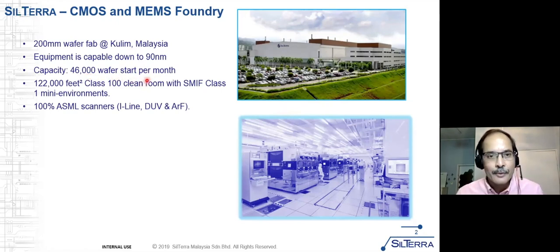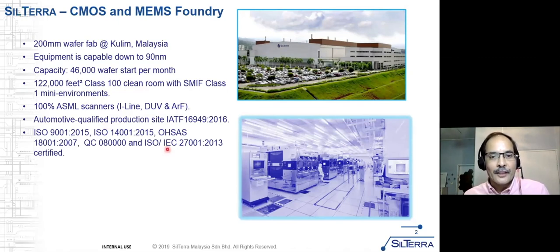We have been in this business for close to 20 years, and we have a clean room of around 122,000 square feet, completely SMIF class 1 mini environments, and we are 100% ASML scanners. In terms of certifications, we are automotive certified, and we have all the other relevant certifications also.